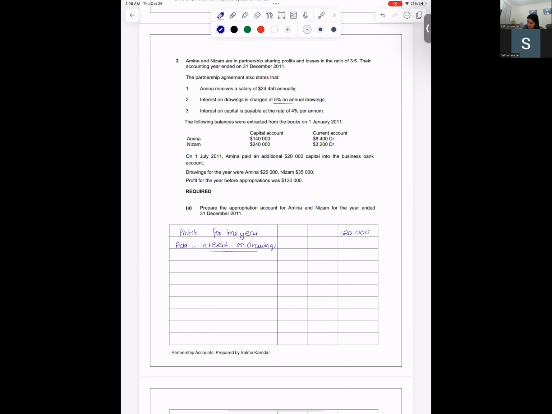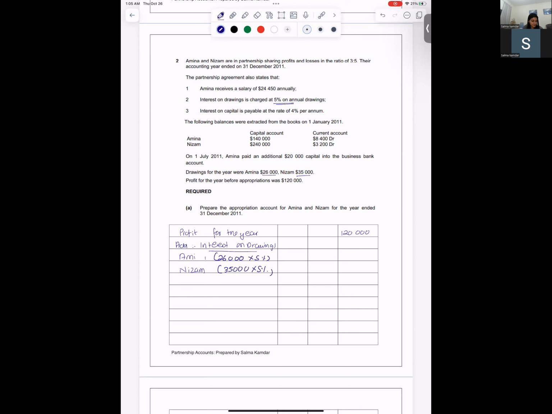Drawings for Amina and Nizam are given to us. For Amina, it is 26,000 into 5%, and for Nizam, it is 35,000 into 5%.